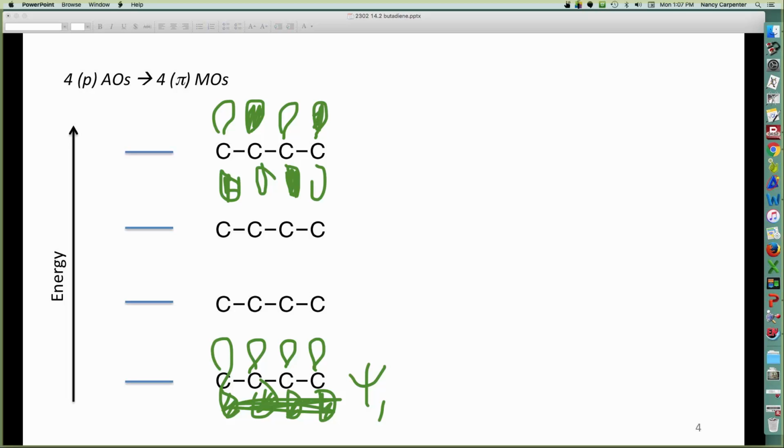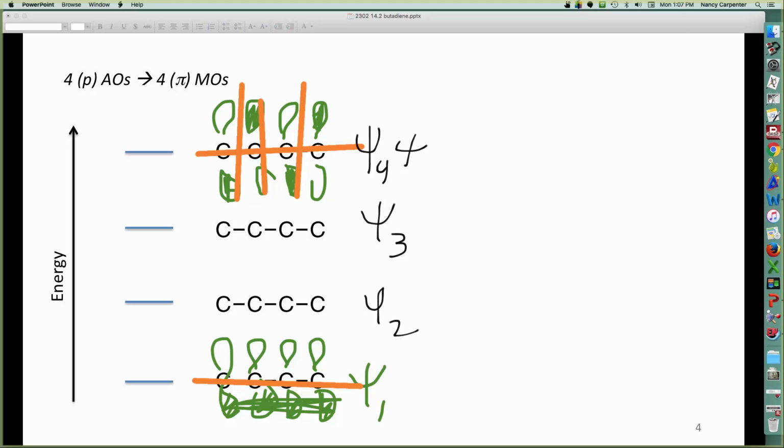Let's look at some nodes here. Psi1 has no nodes, and psi4 has 1, 2, 3, 4... 3 nodes for psi4. So clearly psi2 and psi3 are going to have 1 and 2 nodes respectively.